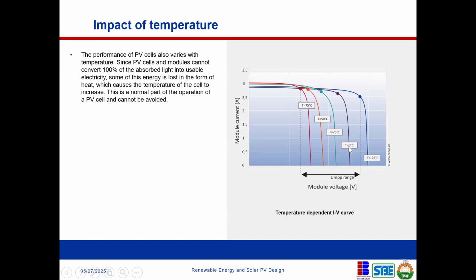now this is 25, this is 50, this is 75, right? You can see that the voltage begins to reduce, right? The voltage begins to reduce. Sorry, this is minus 25, this is 25. So here it's 0. So once the temperature is 0, they have an optimal voltage.